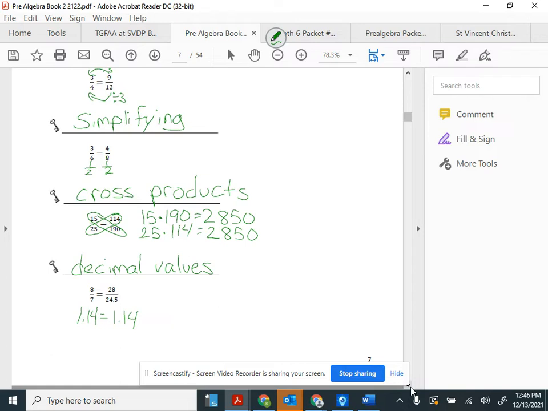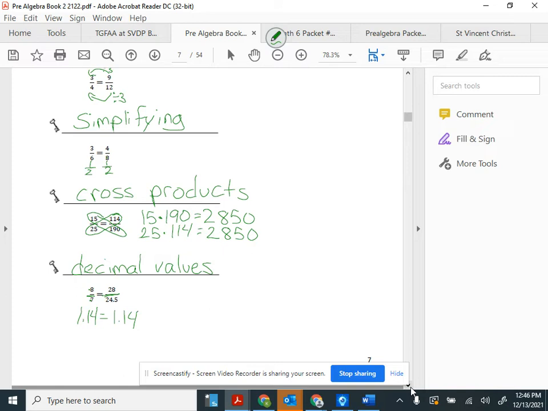Wait, what? Remember that fraction bar means divide. So if you divide the numerator by the denominator on both sides, you know it's a proportion if they both equal the same decimal. They equal the same answer.